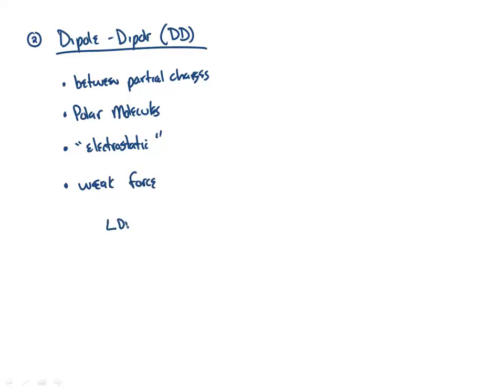So if you think about the order we're doing things in, you'll notice that we're going to talk about them in the order of their strength. An example of that is the HF molecule, or anything that has a partial negative charge and a partial positive. They can be attracted to another molecule. And then that fluorine could also be attracted to a second molecule if it wanted to be.